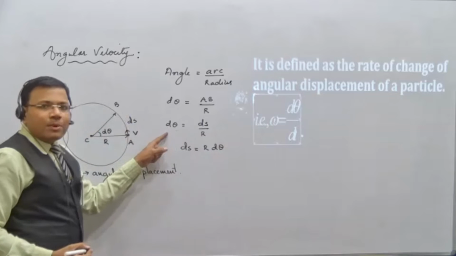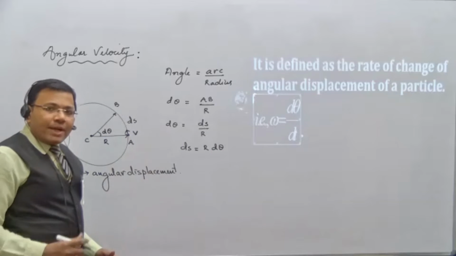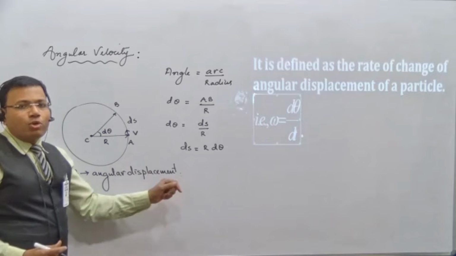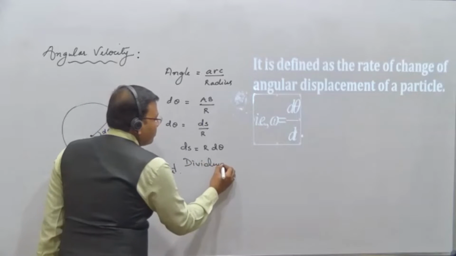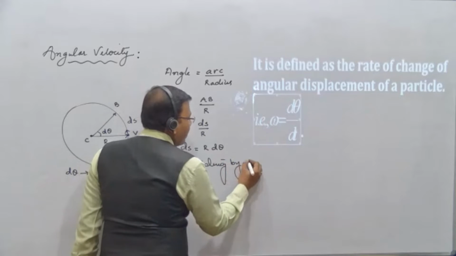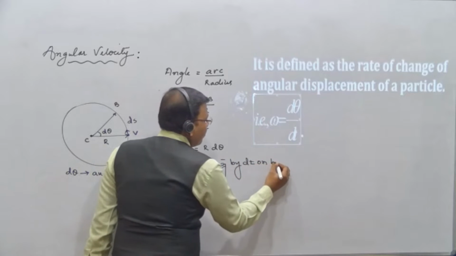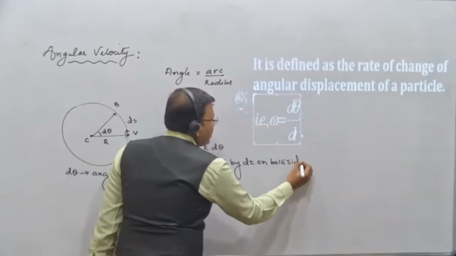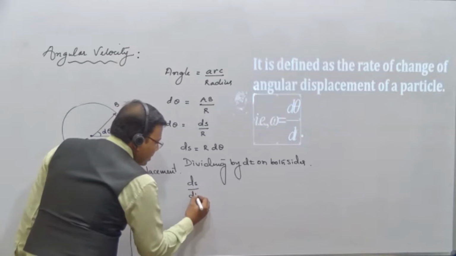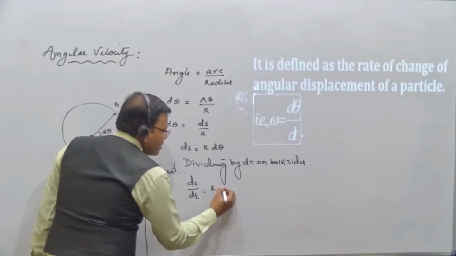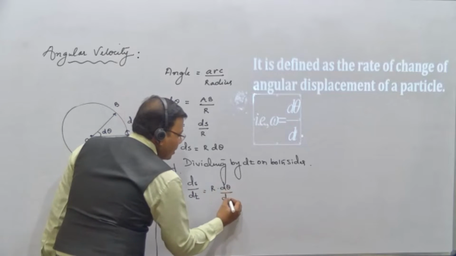Now I'm dividing by dt on both sides. So we get ds by dt is equal to r into d theta by dt.